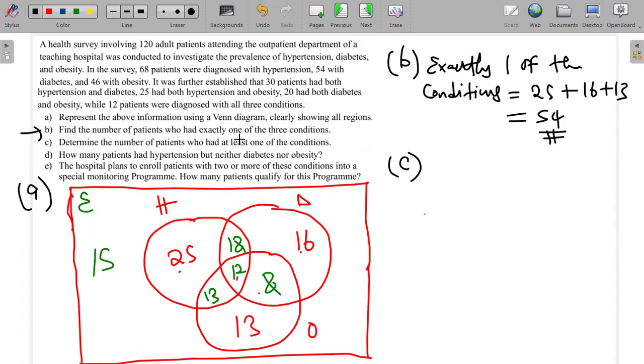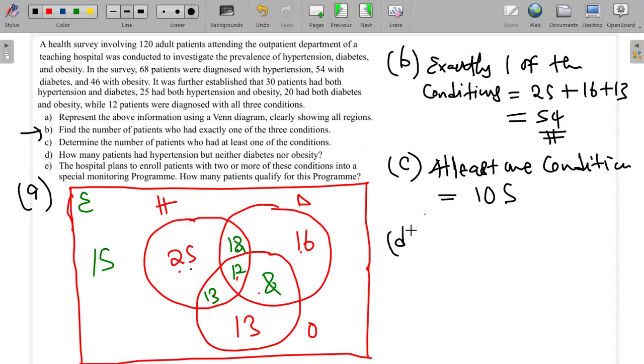So simply meaning we're just adding everything here. All the people that had the disease, and we actually said that was 105, right? So you just add all the regions inside the circles. So at least one condition, we're just going to have 105 patients.